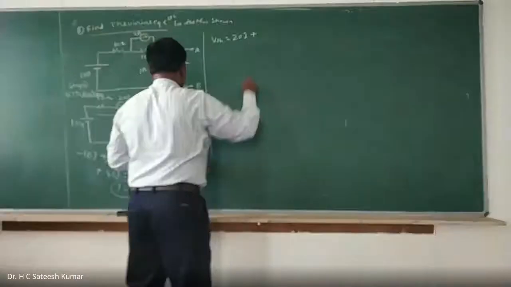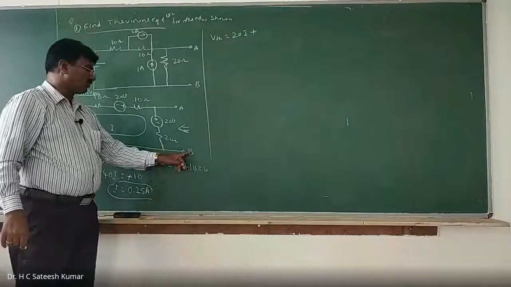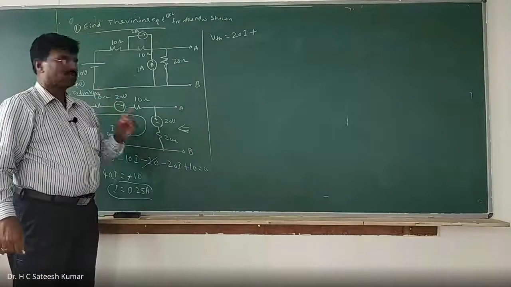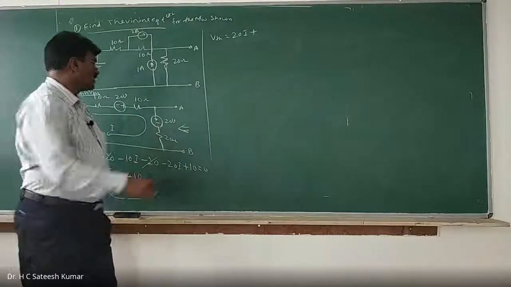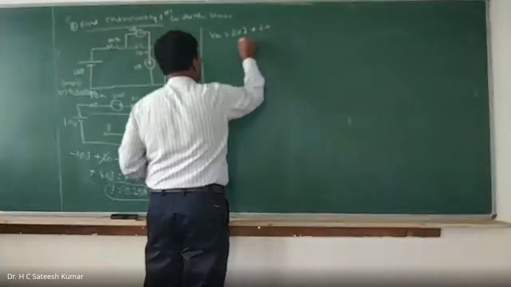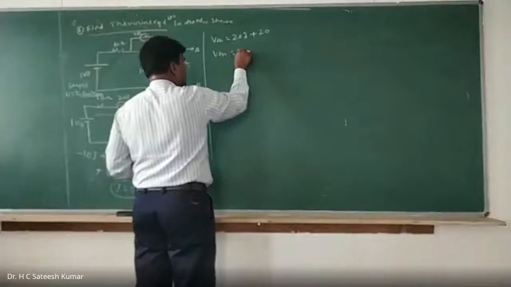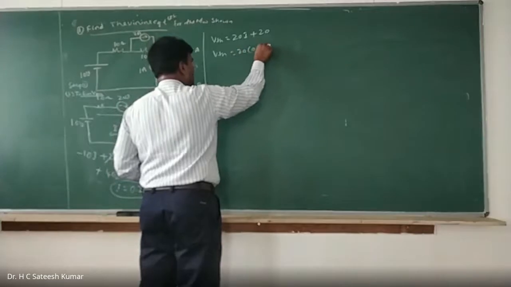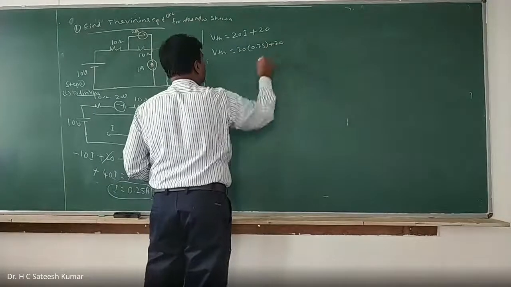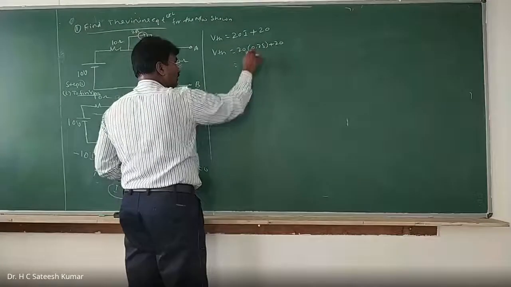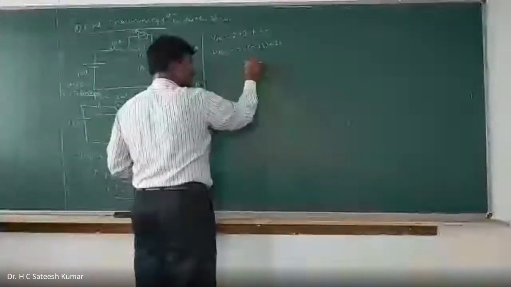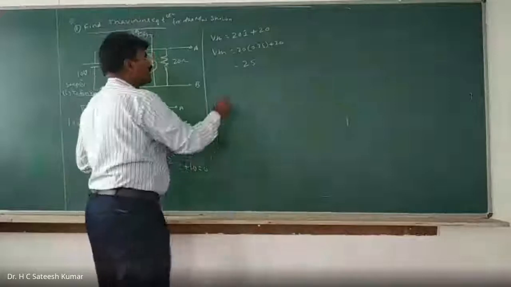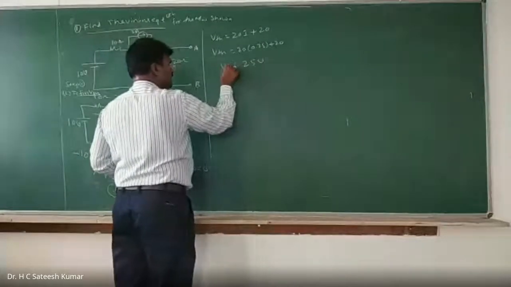If you want to find the potential between any 2 points, you have to go from the lower to the higher. So, going against, minus to plus is plus 20. VTH is equal to 20 into 0.25 plus 20. 0.25 into 20 is 5, plus 20, 25 volts. VTH is equal to 25 volts.